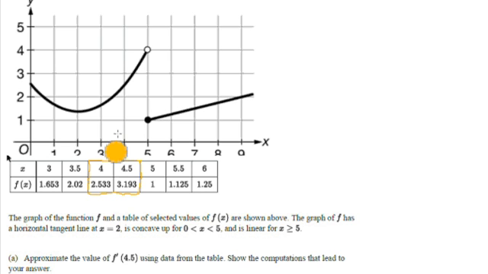Approximating from the secant line, we've got f of 4.5 minus f of 4, divided by 4.5 minus 4.